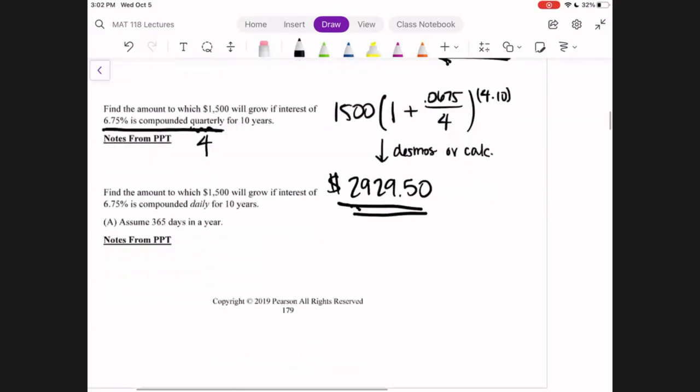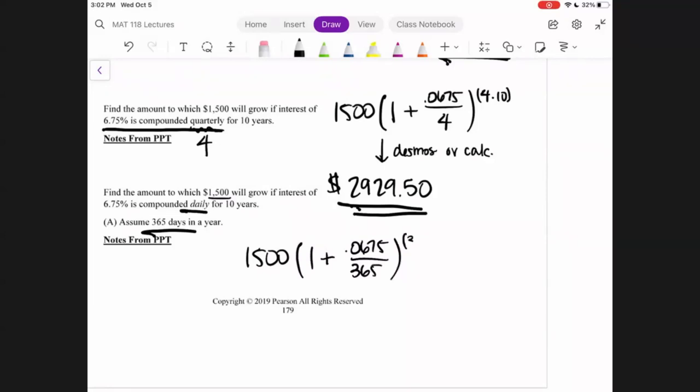Now, for this last one here, we're going to do the same problem, but we're compounding daily. And daily is 365 days. So that would change this: we have the same principal, investing the same amount, and our rate is still the same annual nominal rate, but I'm dividing by 365. So that means I'm going to be compounding quite a bit, 365 times 10.